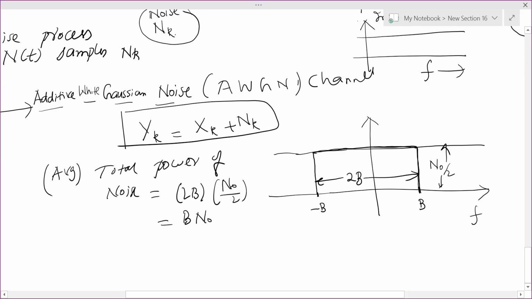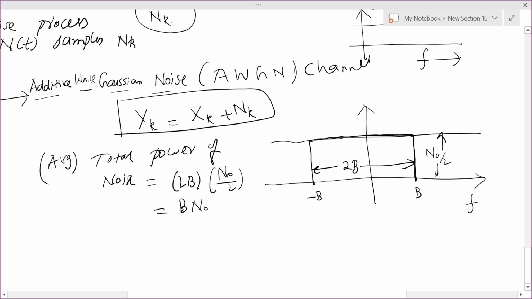And if you remember Gaussian noise, we assume that this nk is Gaussian. We take its mean to be 0. Mean does not affect, it is just a shifting parameter. We can always shift it, so not a big issue. Now what will be its variance?